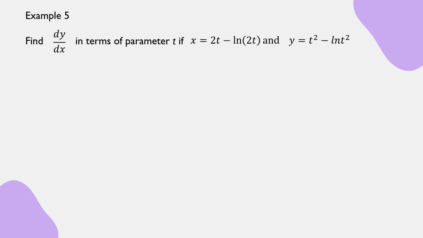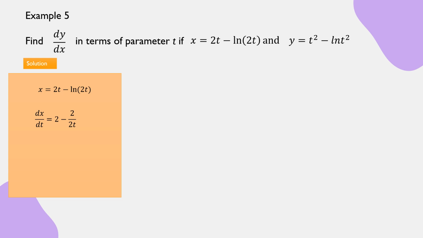Example 5. Find dy/dx in terms of parameter t if x equals t minus ln 2t and y equals t squared minus ln t squared. First we find dx/dt. So dx/dt equals 1 minus 2 over 2t. So we can cancel 2 here.